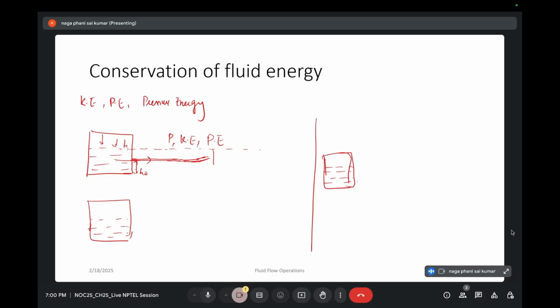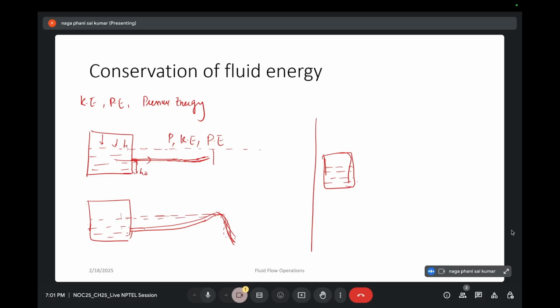But in the second case, let's say we are drawing water from the same height, but we are ejecting from somewhere which is almost equal to the height of this water level. So in this case, we only have kinetic energy, because this is almost equal to the water level.